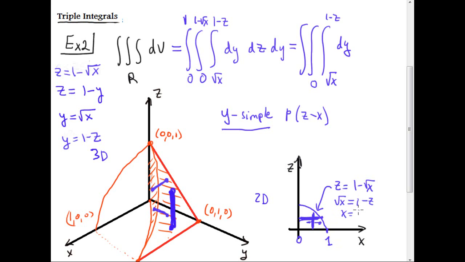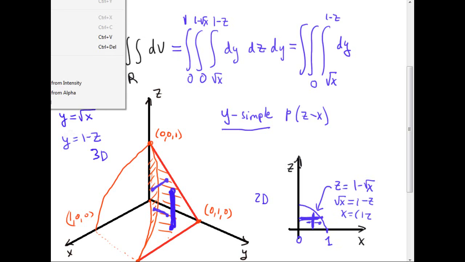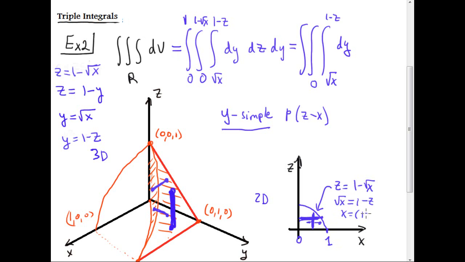X equals 1 minus z, squared. This is another limit of x. 1 minus z squared. And this layer is dx. And finally, dz goes in this direction, from 0 to 1.